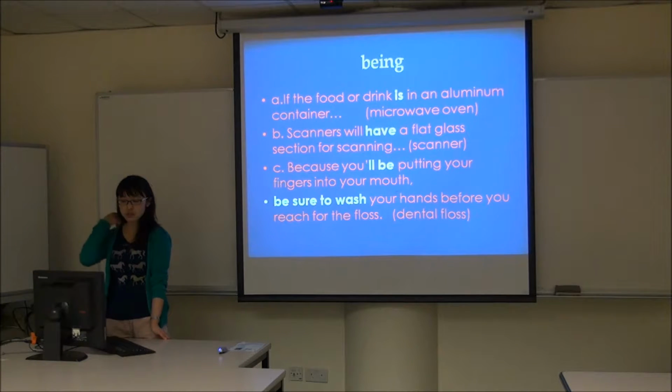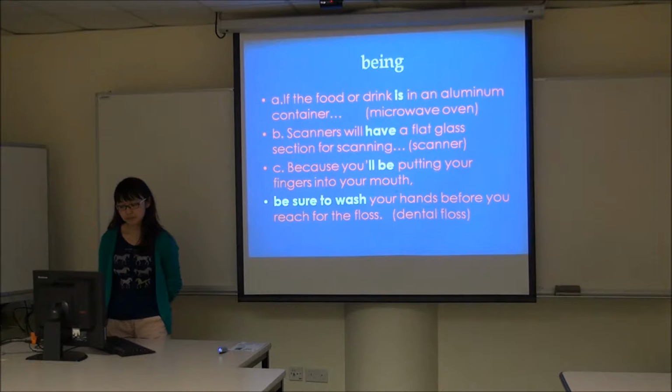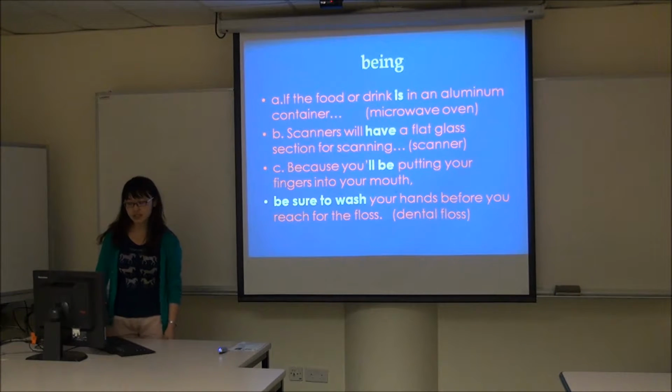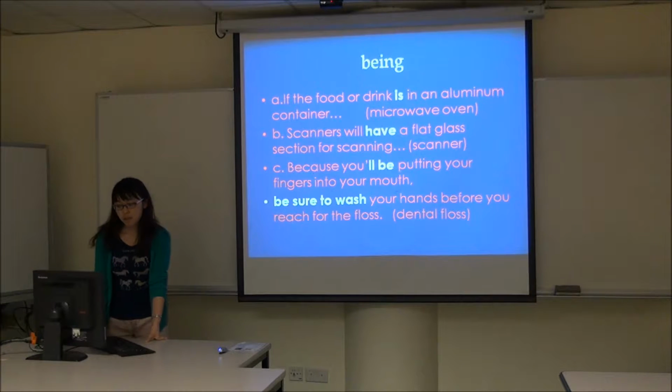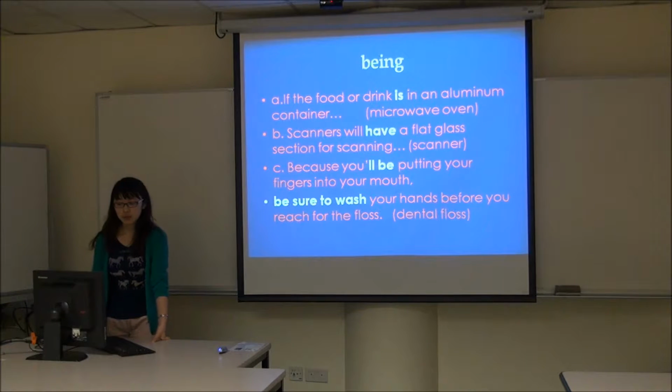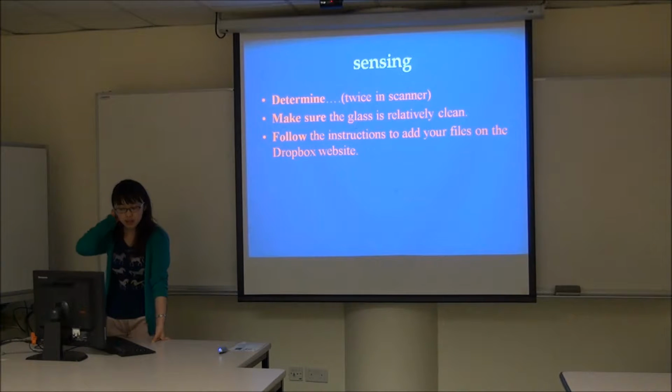And for the third type, the being type, you can see clearly from these four sentences that the verb be is used to achieve the type of figure of being. And the sensing: determine, blah blah blah.